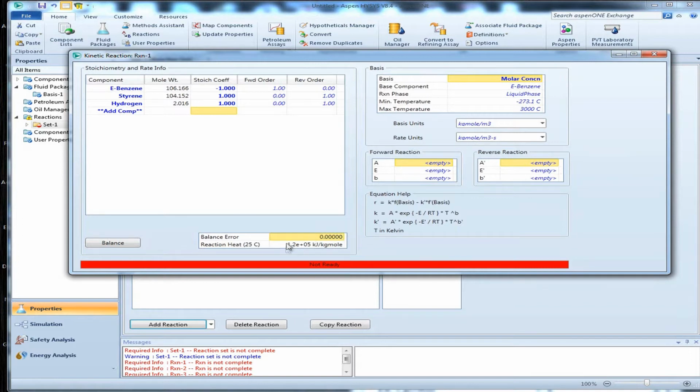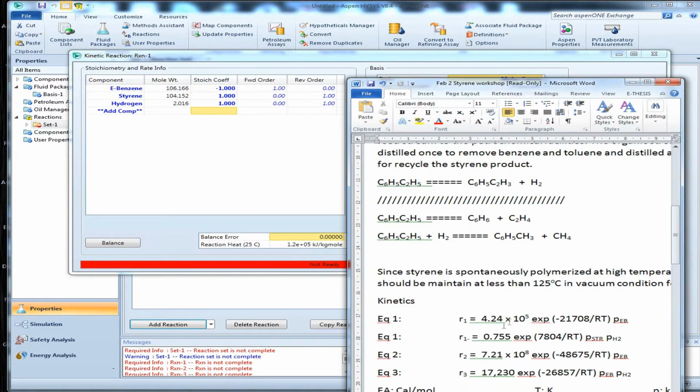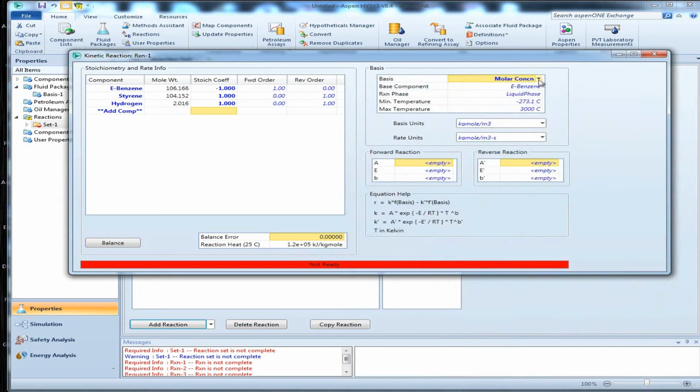And the reaction is quite endothermic, by 1.2 to the power of 5 kJ per kilomole. Now we change that because the expression we have here is in terms of pressure. So we move that to partial pressure and use the overall reaction phase.